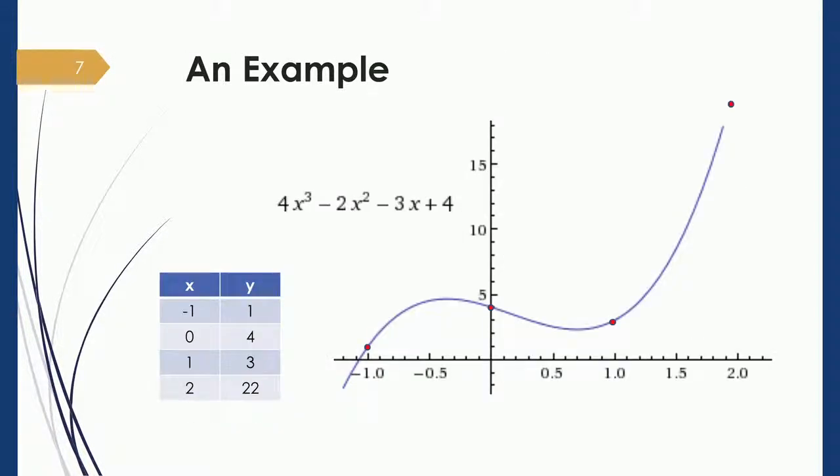So, here we have depicted the actual polynomial that evaluates to y sub i for each of the corresponding x sub i's. And there is this polynomial that we have here that is drawn out, and we also have the expression for the polynomial in this example: 4x cubed minus 2x squared minus 3x plus 4.